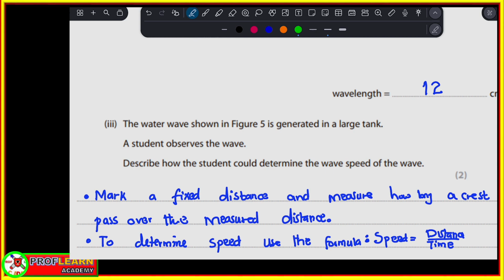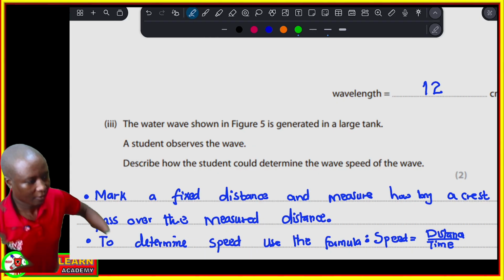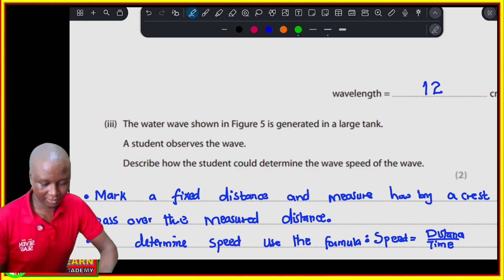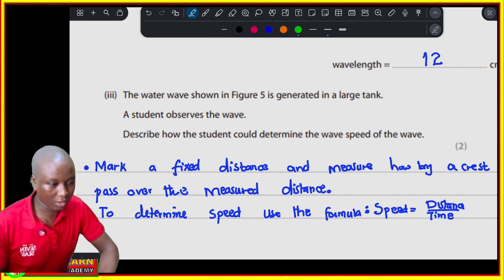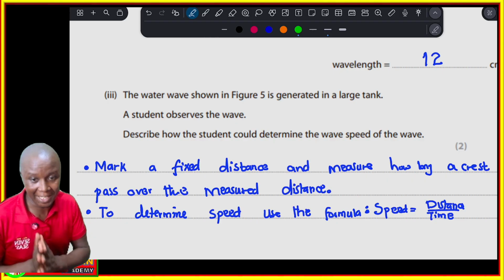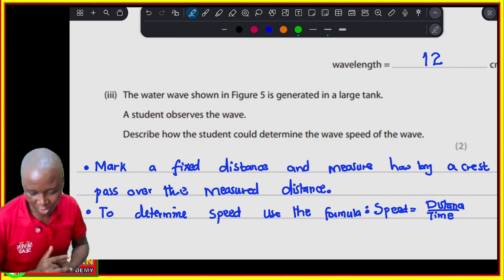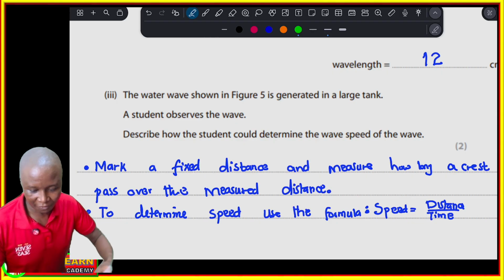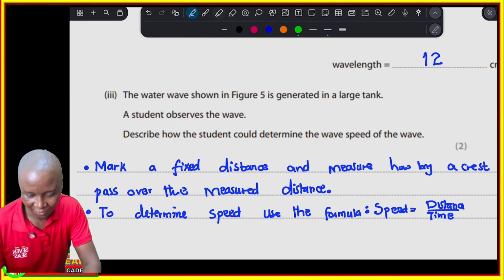So let's describe how the student could determine the wave speed of the wave. How could the student determine the wave speed? We need to mark a fixed distance. In responding to this question, you have to be very clear in how you give your answer.